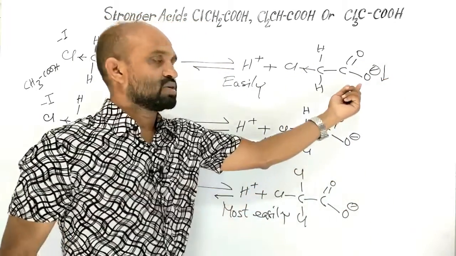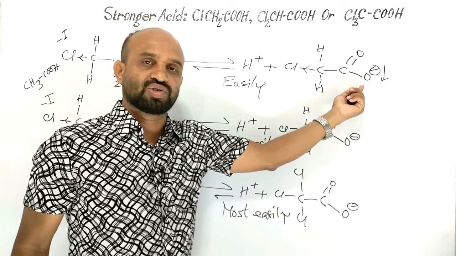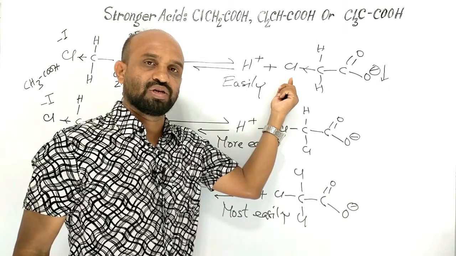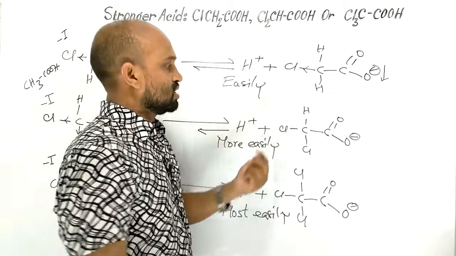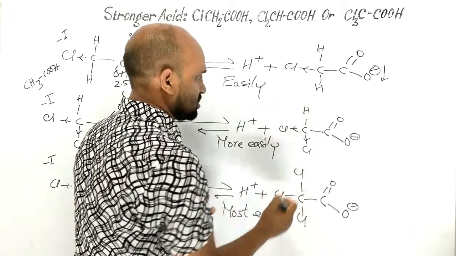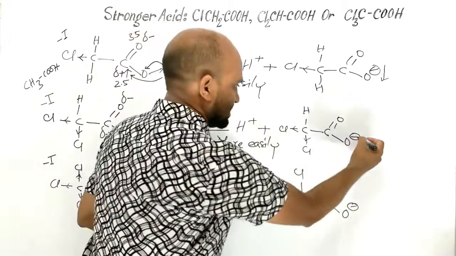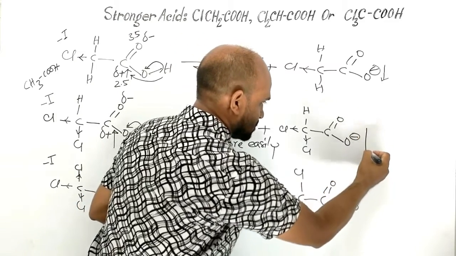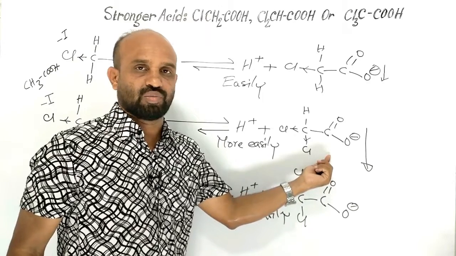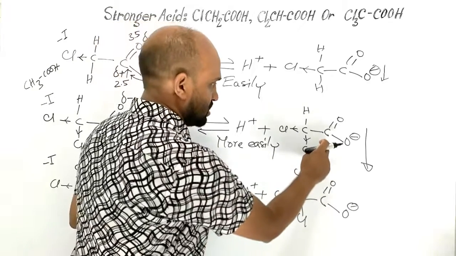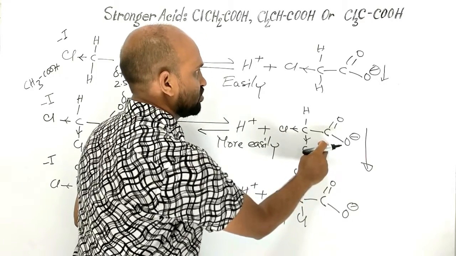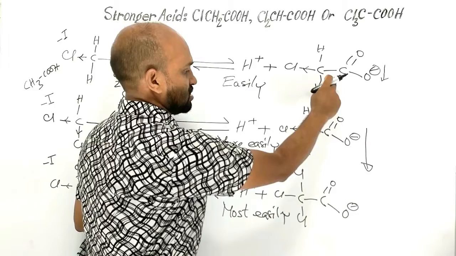That is, this negative charge is dispersed by only 1 negative inductive effect atom. Here 2 negative inductive effect atoms are present. That is why this negative charge is dispersed to a greater amount. That is why the dichloroacetate ion becomes more stable than the monochloroacetate ion.